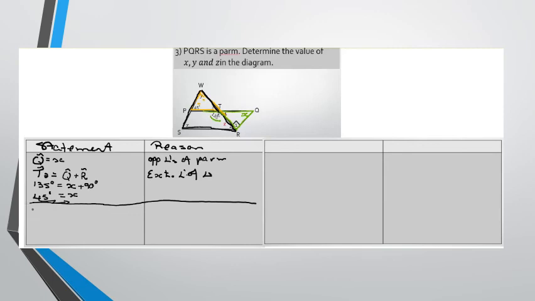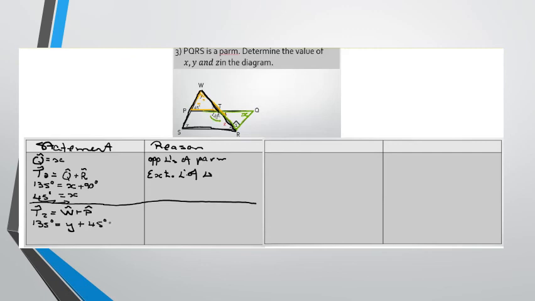T2 is going to be angle W plus angle P. I'm going to substitute now: T2 is 135 equals W, to be Y, plus angle P, given to be 45 degrees.